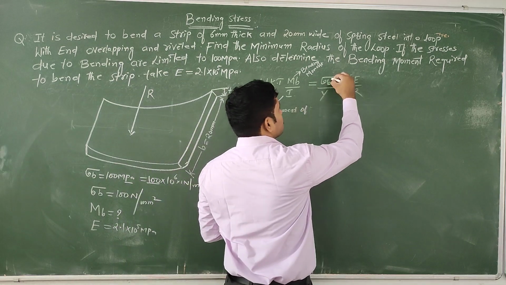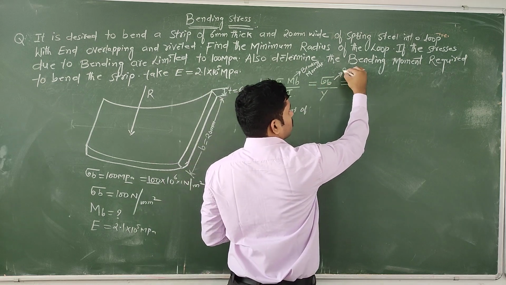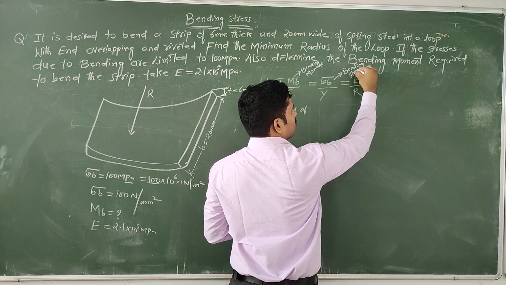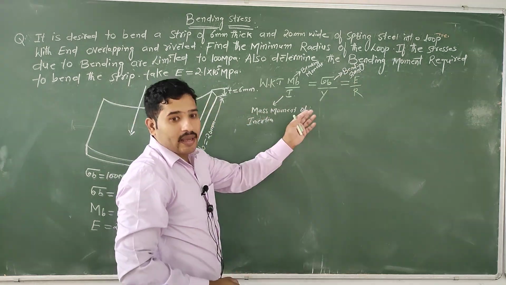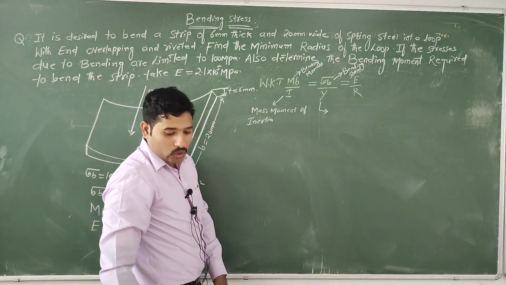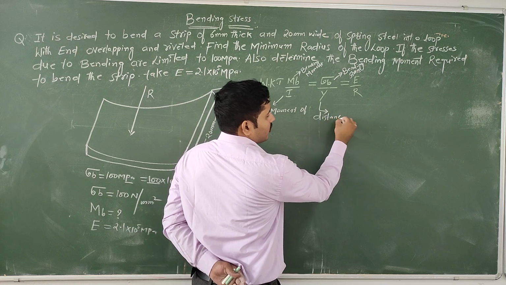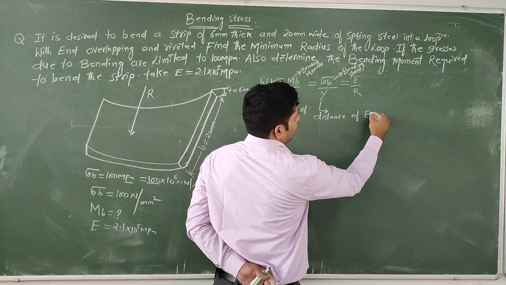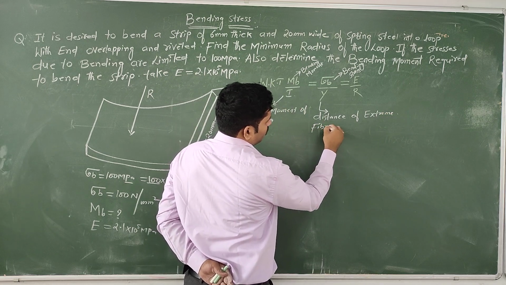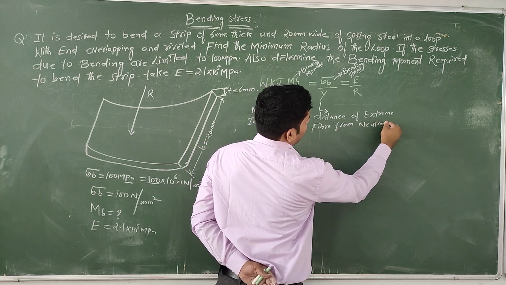Sigma_b is the bending stress. y is the distance of the extreme fiber from the neutral axis.